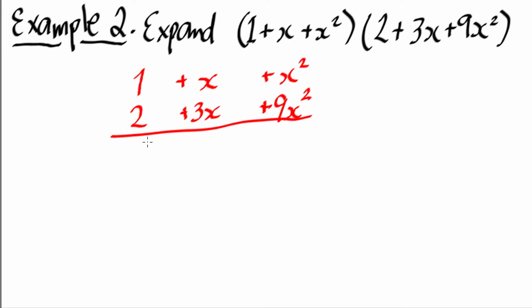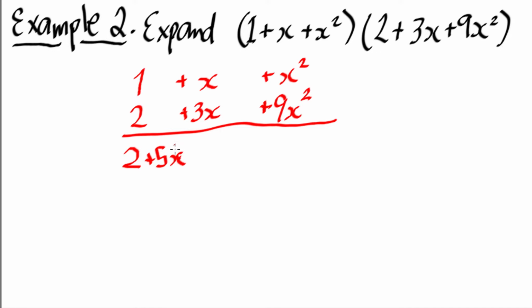Okay, so let's multiply them. First is vertically. 1 times 2 is going to give us 2 for the first term. Next is crosswise: 1 times 3x is 3x, plus x times 2 is 2x. So 3x plus 2x is going to give us positive 5x.